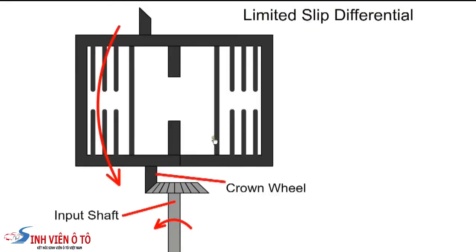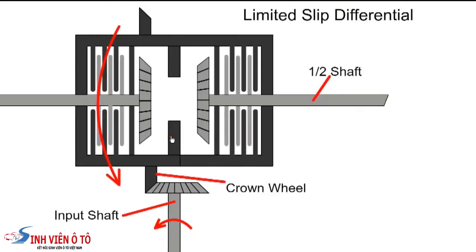Another option is the limited slip differential, LSD. They allow for a difference in speed when cornering, but limit slip during low traction conditions. With a viscous type LSD, the input pinion drives the crown gear and cage. The cage rotates and drives the sun gears with the planet gears. The cage has a set of plates fixed to it, and the half shaft has another set of plates.